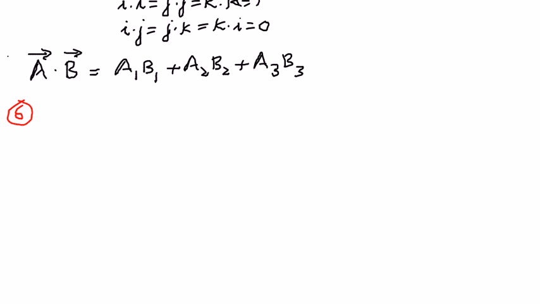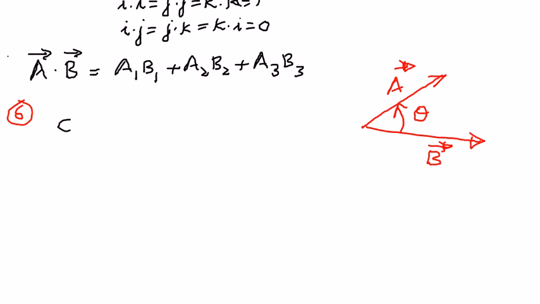The next property we want to know is about the angle between two vectors. If that is a vector A, and if we have another vector like that, which is vector B, we want to know what is the angle between these two vectors. How do we measure the angle between those two vectors? The way to do that is as follows.